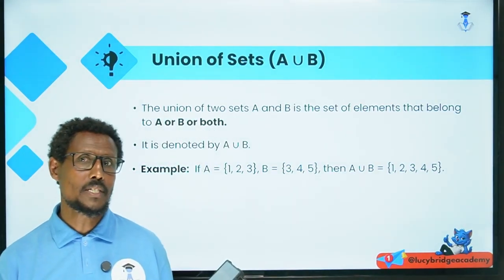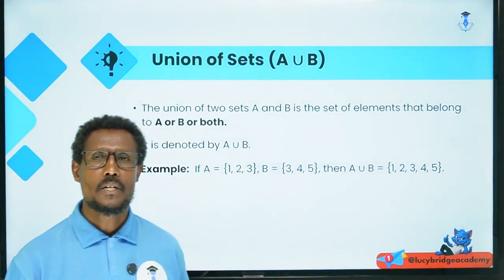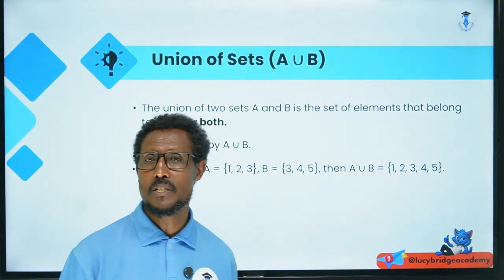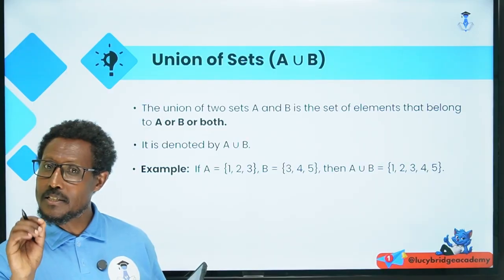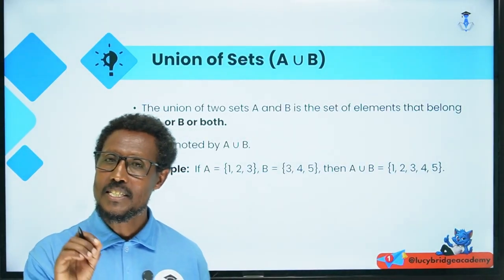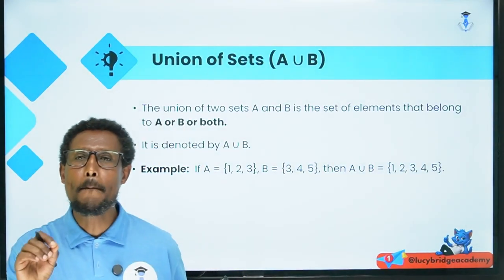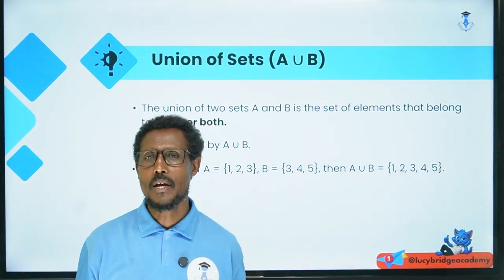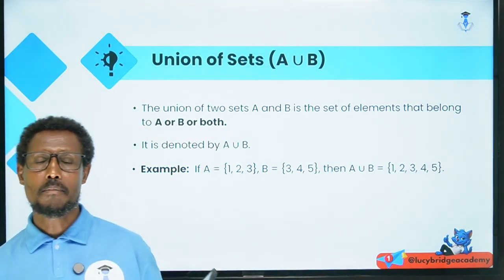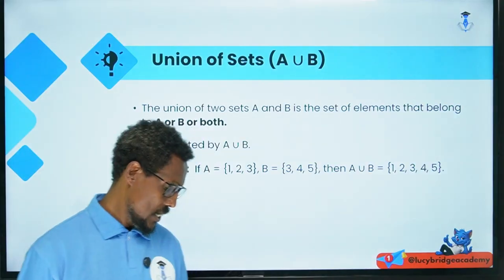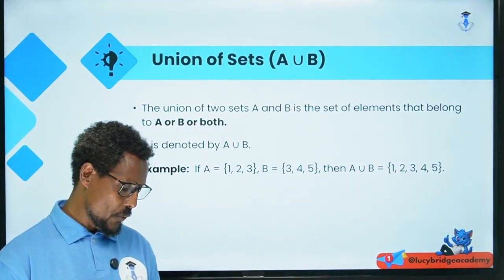Anyways, if we have two sets, the union of these two sets is again a set, the set of elements that is either in A or in B. In other words, we do not write an element again if it is repeated. Okay, let me show you.